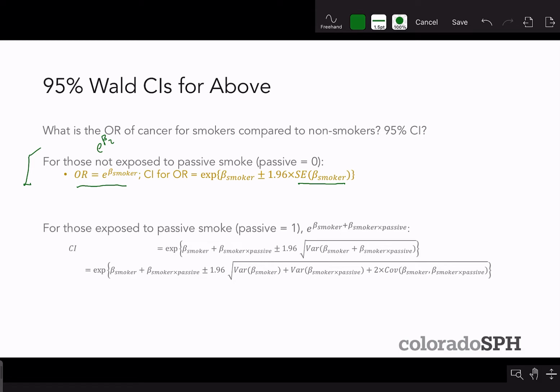However, for those exposed, it's a little bit more complicated. Now we have this whole term of beta smoker plus beta of smoker and passive, and we want the confidence interval for that. That's the same thing as beta 2 plus beta 3. And so for that, we're going to need the variance of beta 2 plus beta 3, which is written down here.